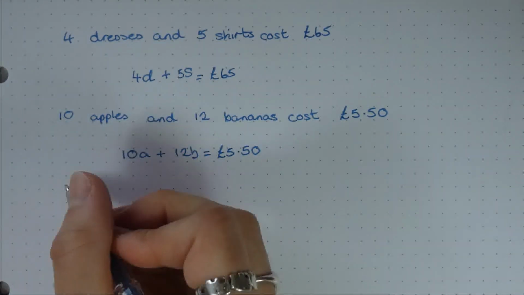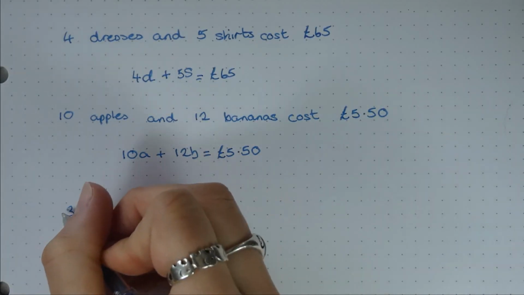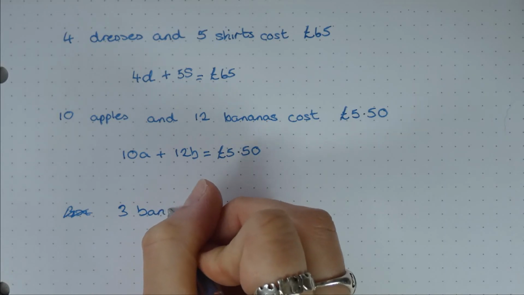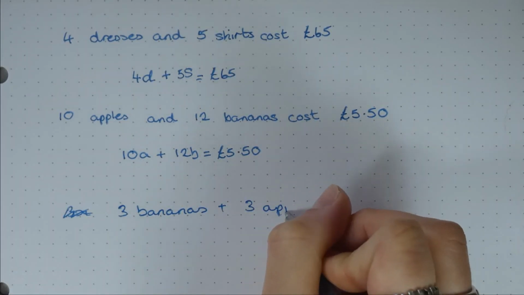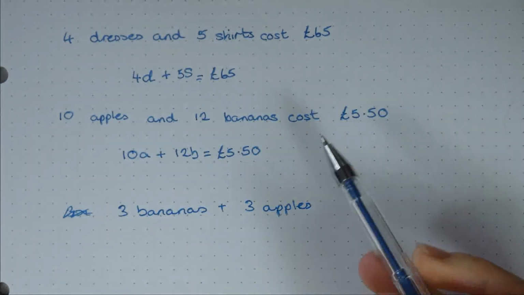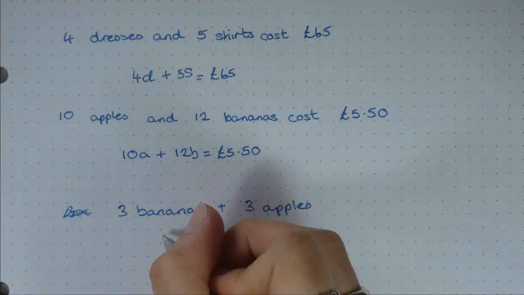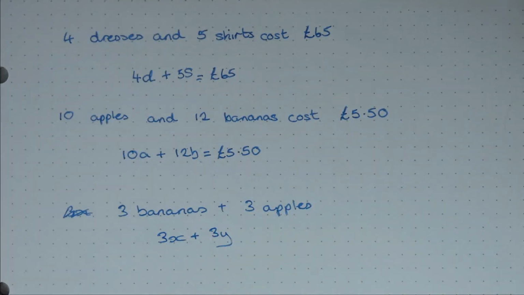For example, if I'd had, let's do 3 bananas plus 3 apples. If I then turn this into an equation and I wrote 3x plus 3y, how would I know what was x?